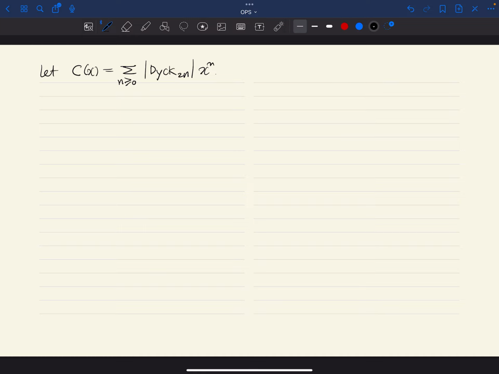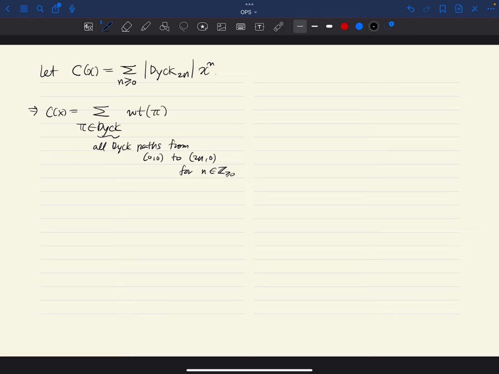So, in other words, this is the same thing as the generating function for all Dyck paths, the set of all Dyck paths from (0, 0) to (2n, 0) for some non-negative integer n, okay? So just consider all of them and add them together with a weight of pi.